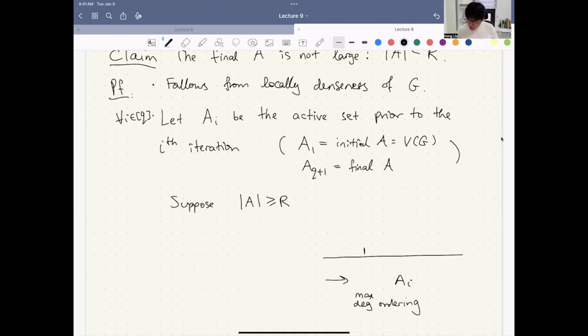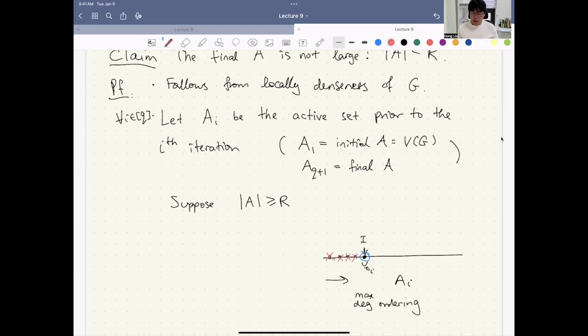And at this step, we choose the vertex VTI according to our algorithm. This is the first vertex along the max degree ordering of AI that lies in I. We choose this one. So we need to delete all these guys.